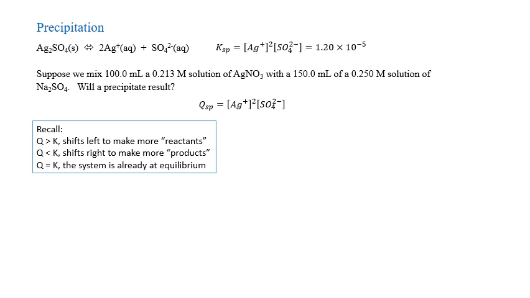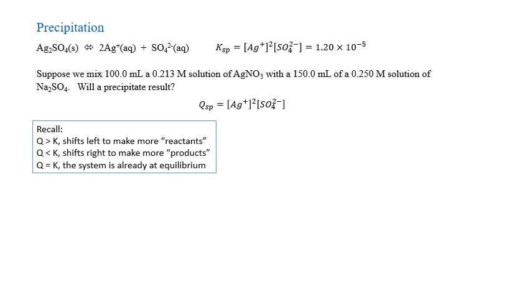So it's a fairly simple matter of calculating these concentrations, putting them in Q, and if Q is greater than K, we'll get, in this case, a precipitate, because if the reaction moves to the left, that means ions are getting together and forming solid, and that's precipitation, okay?